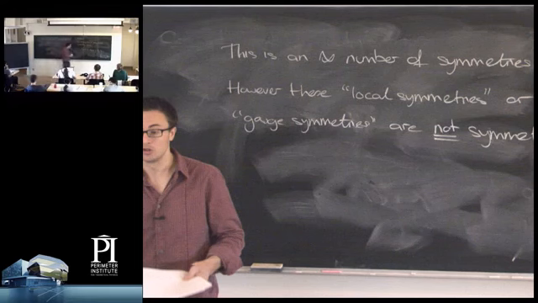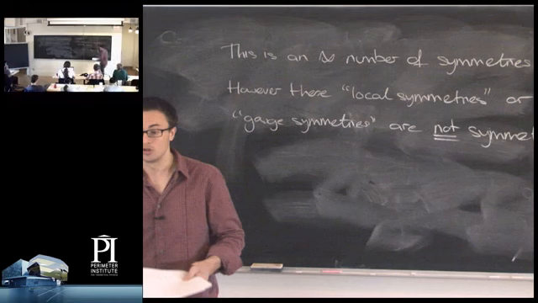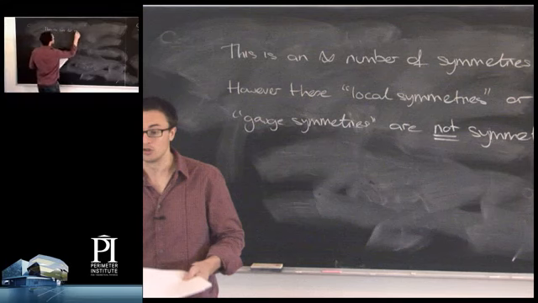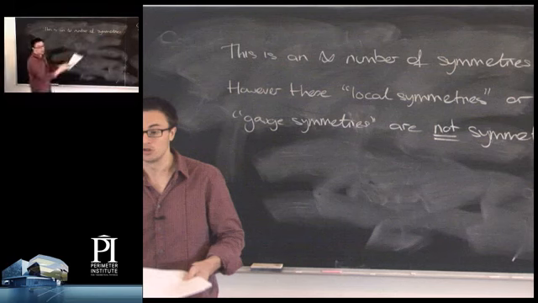Okay, let me write this down. It's important, so I actually will write this down. Okay. So this is an infinite number of symmetries. One for each function that you can write down, lambda of x.